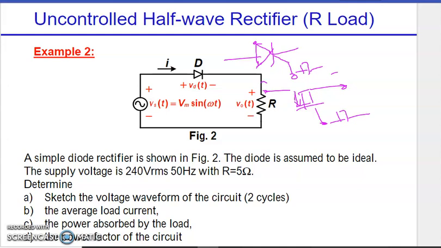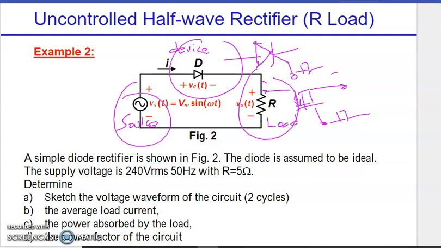So in every circuit of a converter, we shall have a source, we shall have a load, and we shall have a device or the converter itself. You have to understand the basic requirement of the circuit. These are the three components involved in every circuit for our converter.